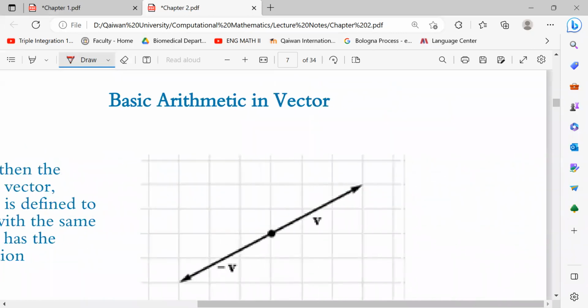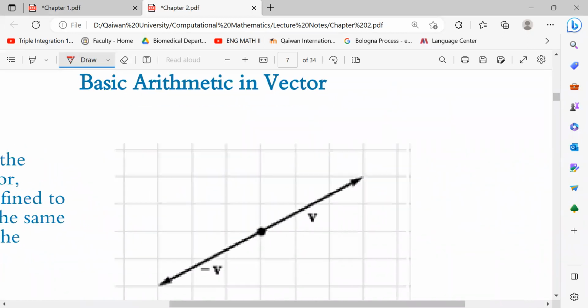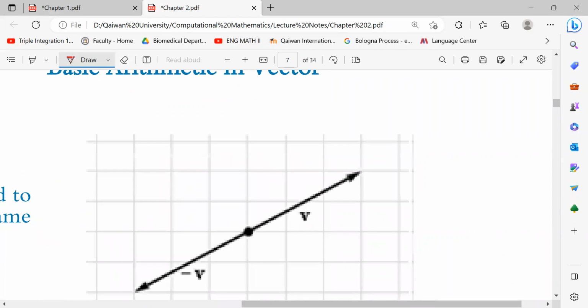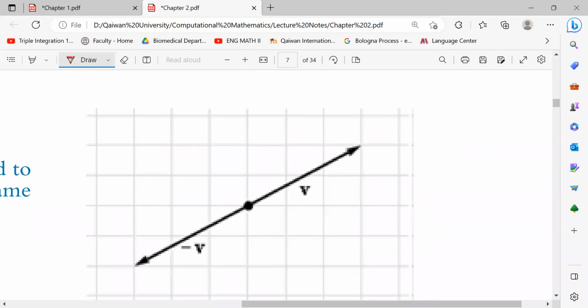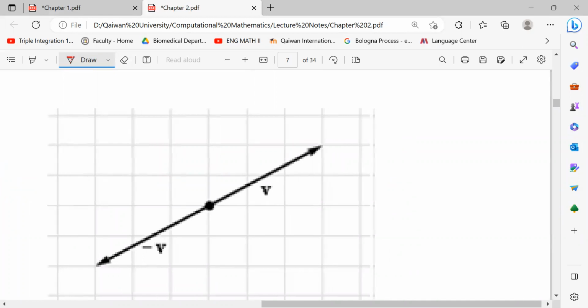The negative of a vector is a vector which has the same magnitude or length, but in the opposite direction. For example, here we have v, which is this vector. So negative v has the same length, but in the opposite direction. It's exactly opposite to this vector.